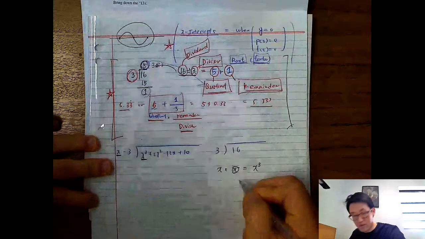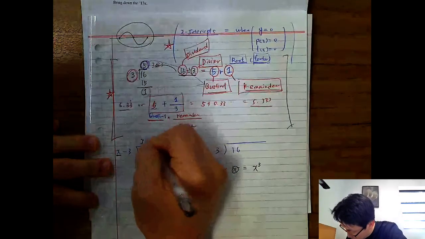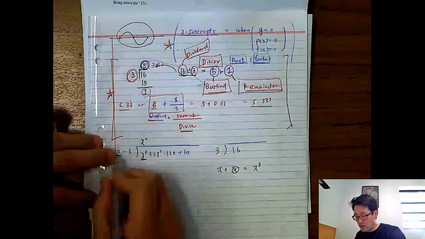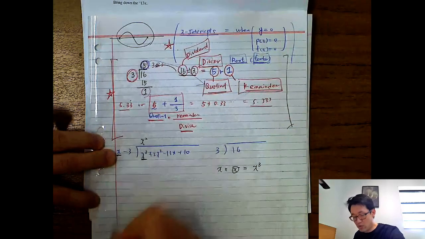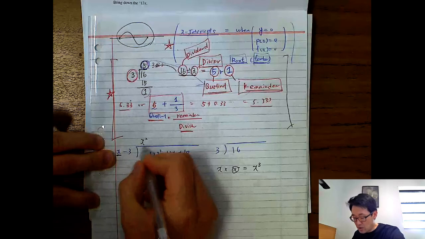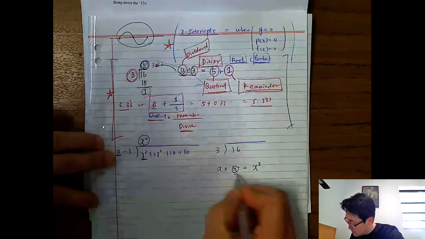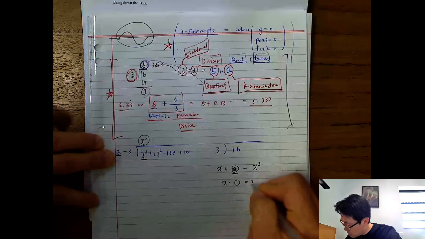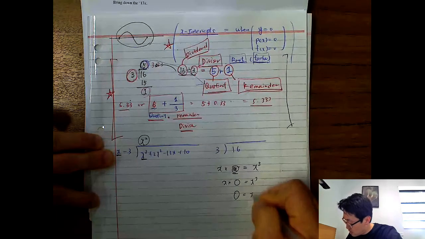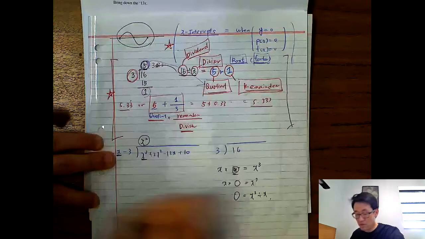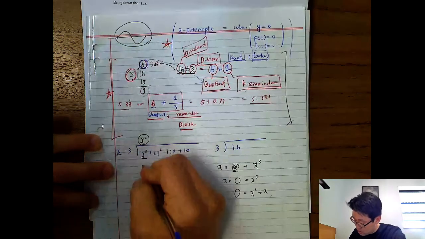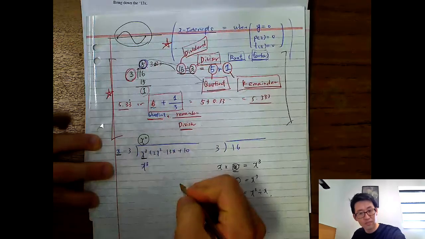x squared, isn't it? So write down x squared. My aim is this times what will give you that. I go back and check: x times x squared is x cubed.